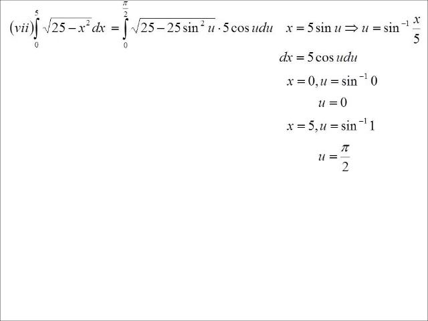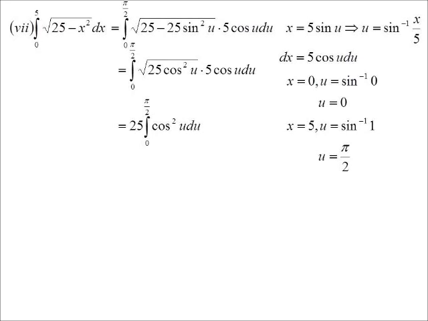Okay, I get the square root of 25 minus 25 sine squared. But hang on, 25 minus 25 sine squared is 25 cos squared. The square root of 25 cos squared is 5 cos u. 5 cos u times 5 cos u is 25 cos squared. Now we have to integrate cos squared.